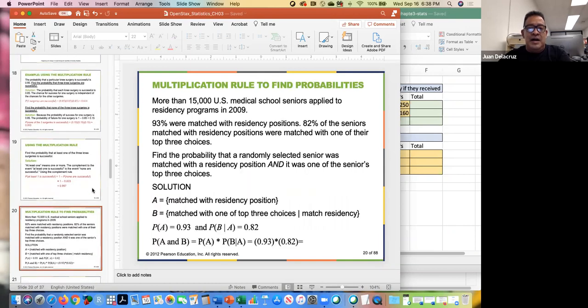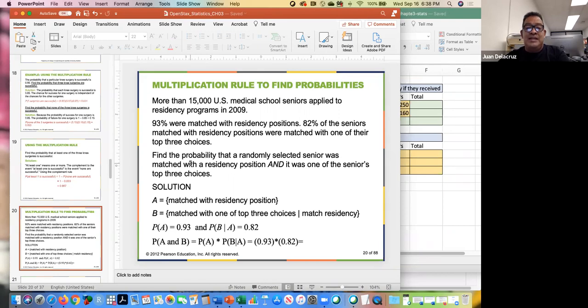So that was another example. In this case, there are more than 15,000 students applying to medical school. 93 of them were accepted, and of the 93, 82 were matched with resident positions.